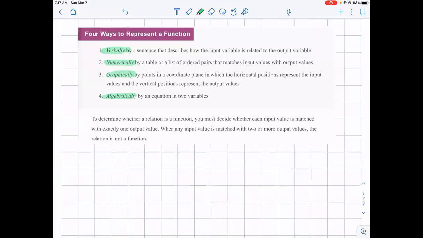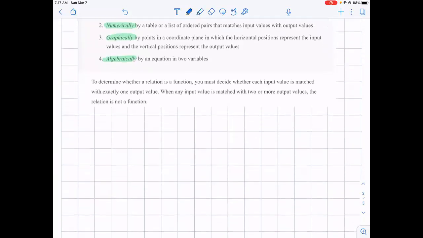So let's look at a numerical scenario, okay? This will be numerically. Let's list this numerically.